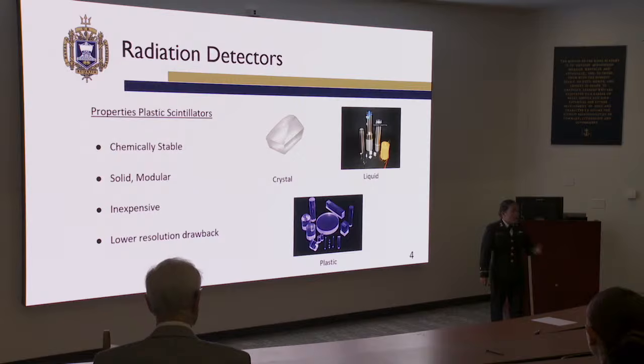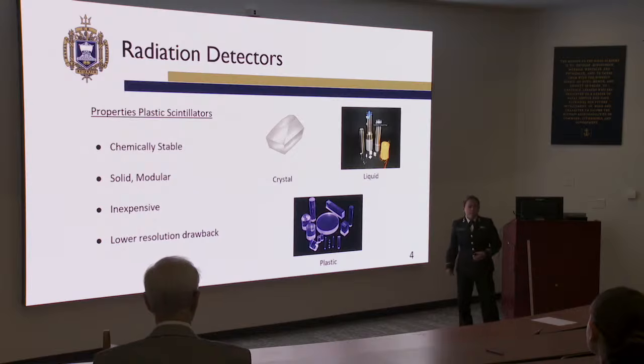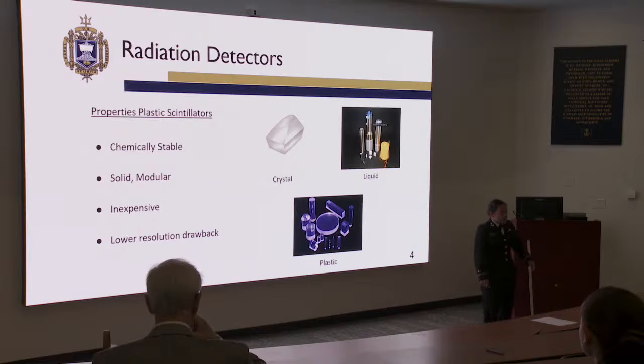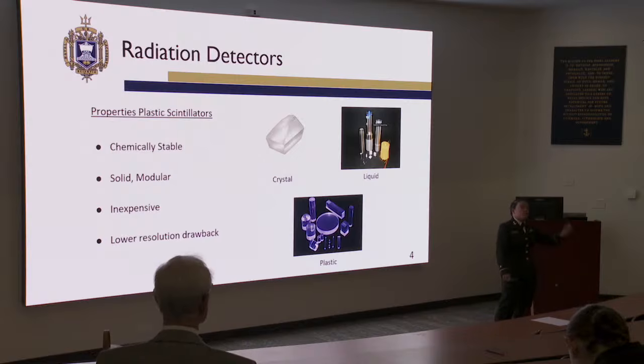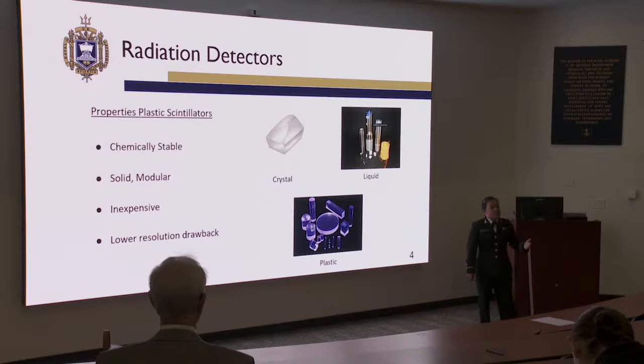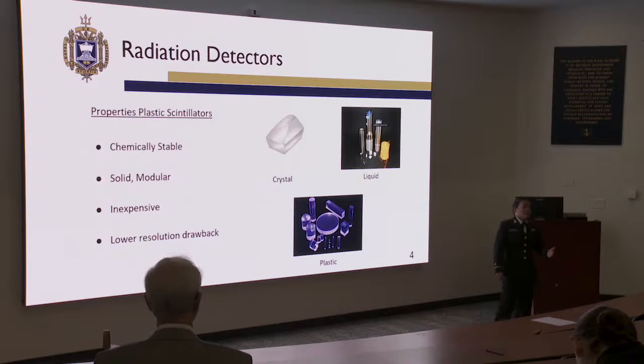They are solid and modular, and can be transported. They can also be made into different shapes, and they're relatively inexpensive. There are some drawbacks, including resolution. They have worse detection, but for the application of non-proliferation, they're the choice for the type of scintillator.